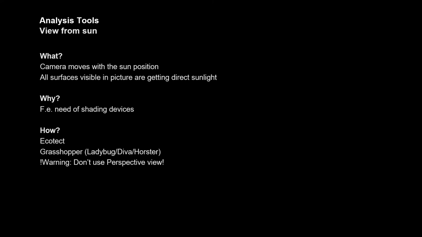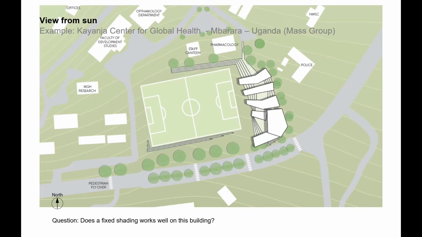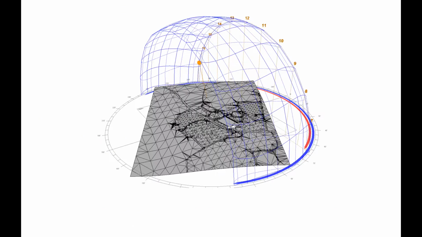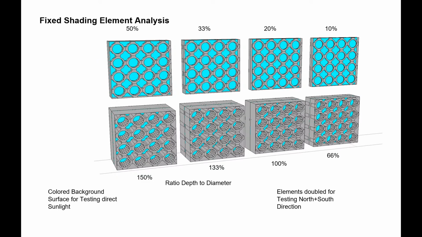Next, we also showed some analysis tools, for example the view from sun analysis, which we use in the office, which means we are putting a camera on the position of the sun. We used this, for example, in a project in Africa, to evaluate the performance of a fixed shading element, which is a clay tube. The question was, how deep must this element actually be to perform as a good shading system?